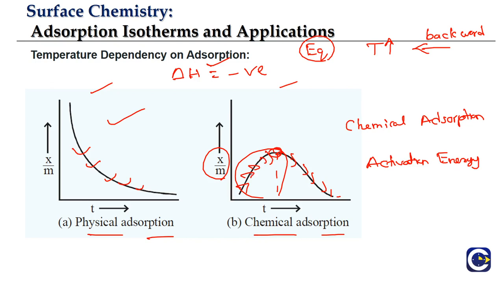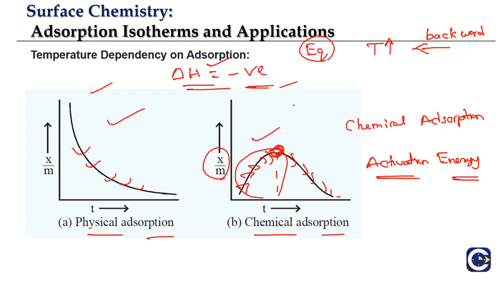So the initial increase in the extent of adsorption is because of more and more molecules getting the activation energy. And once we reach a certain temperature range where almost all the available molecules are able to reach the activation energy, after that, since this is also a negative enthalpy process, if we keep on increasing temperature, the extent of adsorption will be decreasing.